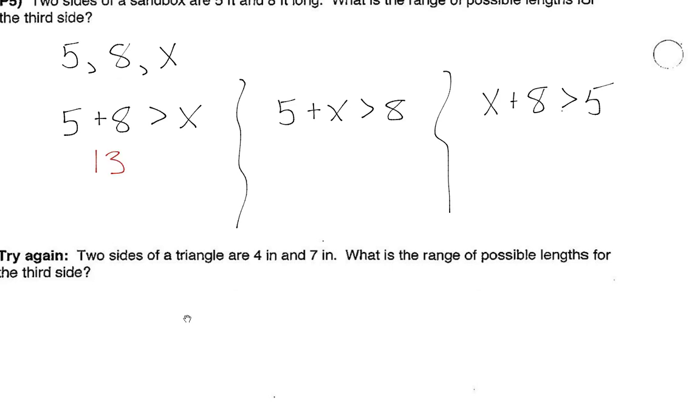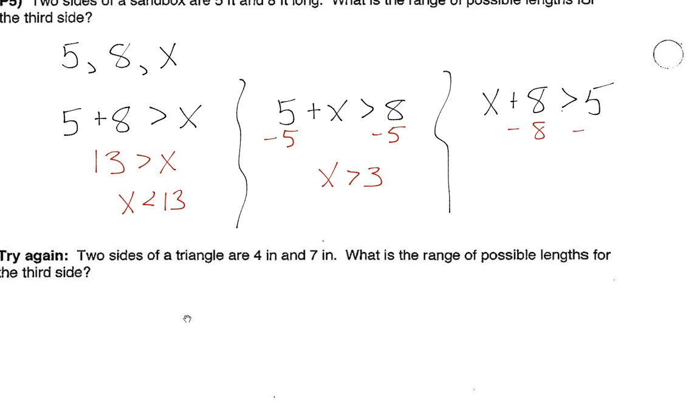So 13 has to be greater than x, or we can flip that around and say x has to be less than 13. Here, if I subtract 5 from both sides, x has to be greater than 3.